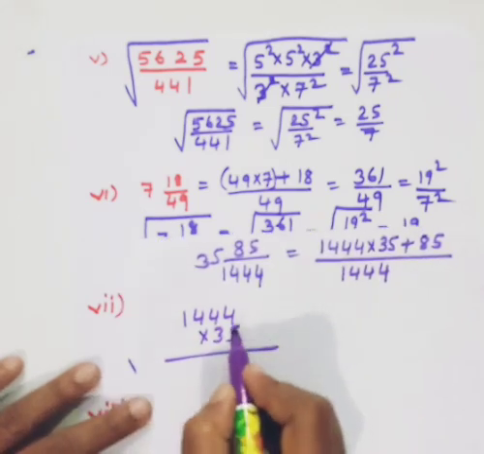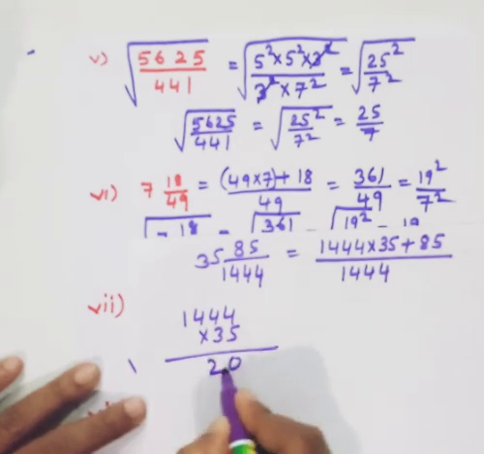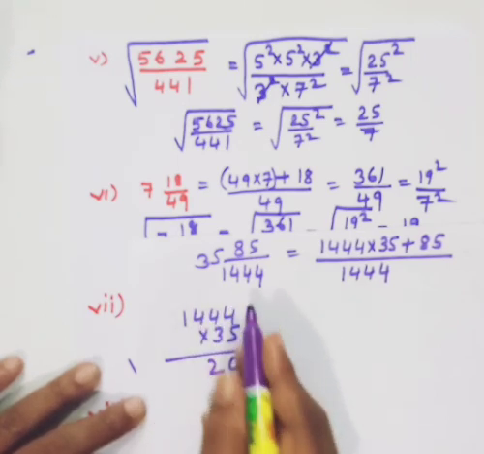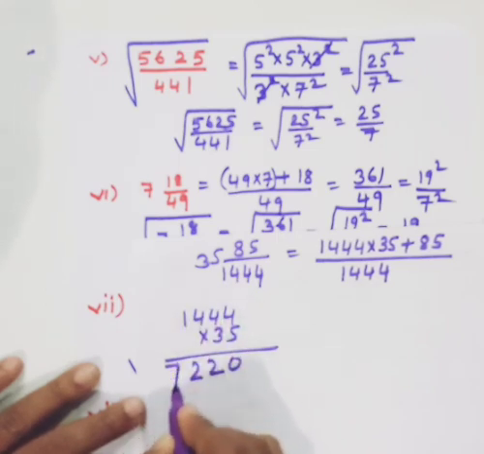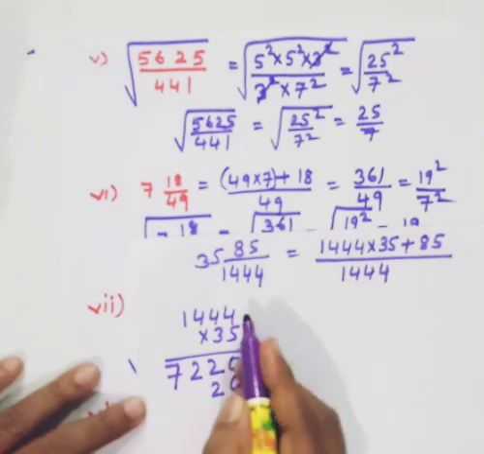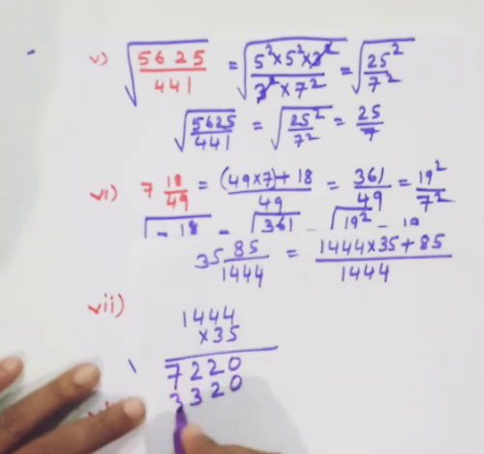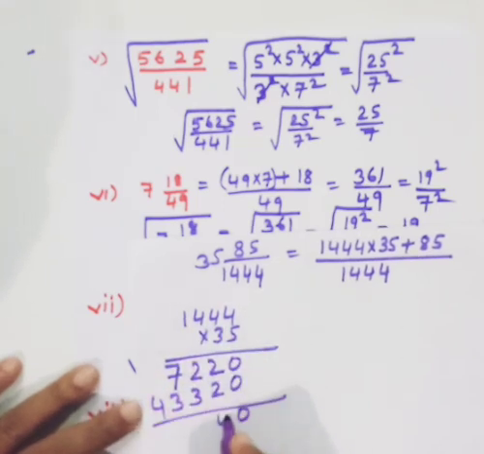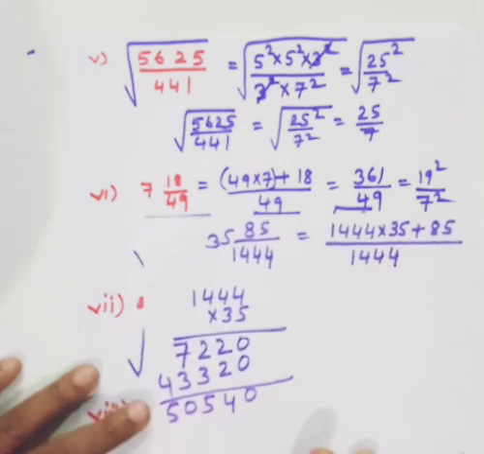Okay. So see, 5 fours are 20, 0, 2. Again 5 fours are 20, 22, 2. 5 is 5, into 7. 0. 3 fours are 12, 2, 1, 12 and 1, 13, 1. 3 1 is 3 and 1, 4. So 0, 4, 5, 0, 5. Plus how much? 85.